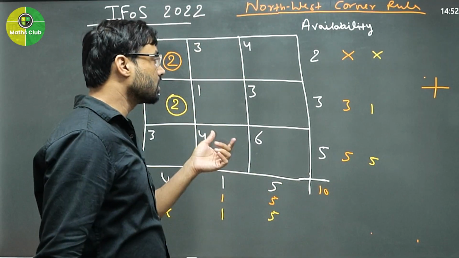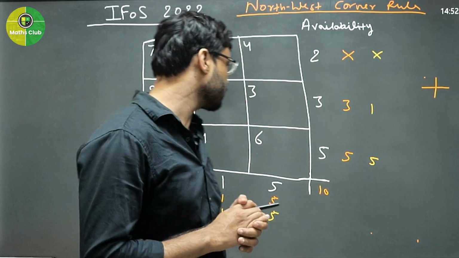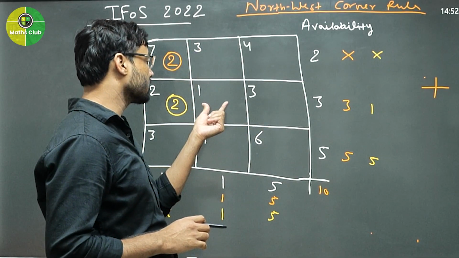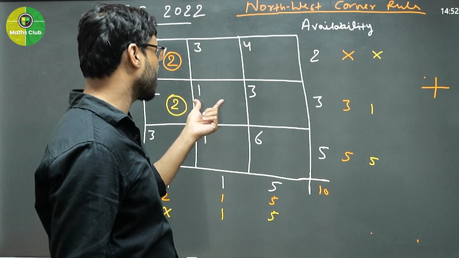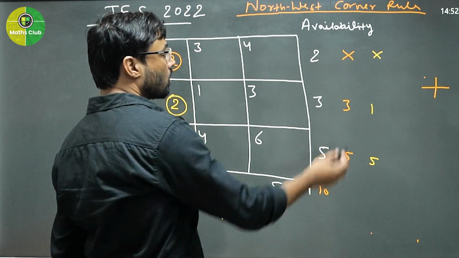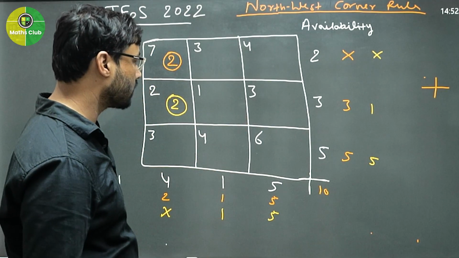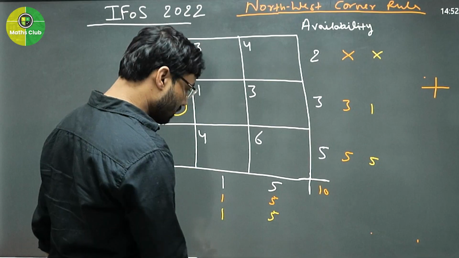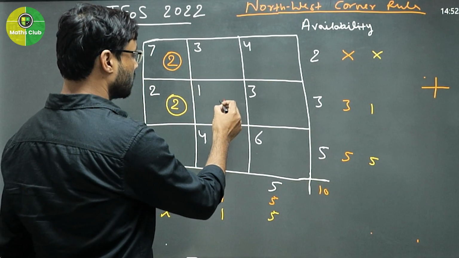Again pick the most northwest cell and allocate as much as possible. Here availability is 1 and the demand is also 1, so we can allocate 1.